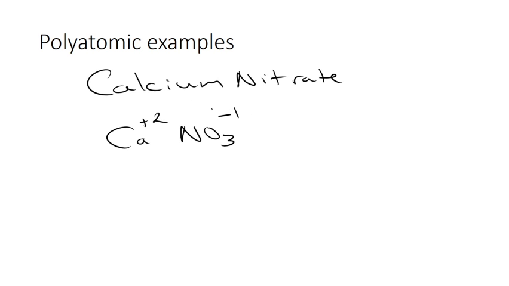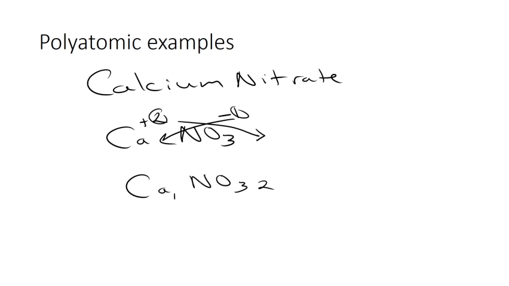Okay, so now, just like in a simple ionic compound, you can take the numbers and use them as subscripts. But if we just write these without parentheses, it looks like we have NO32. That is not what we want. We want two NO3s. So you have to put those parentheses before you put your subscript.